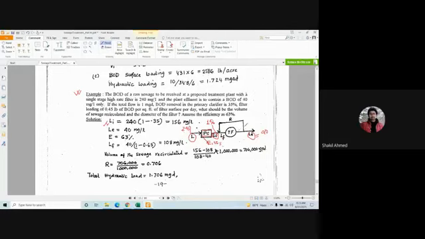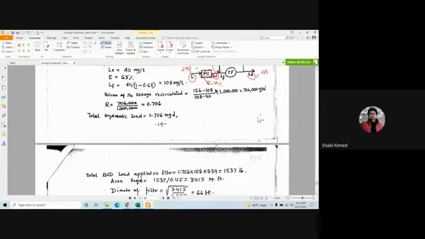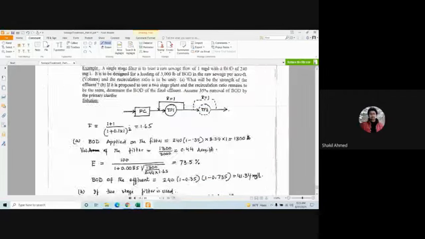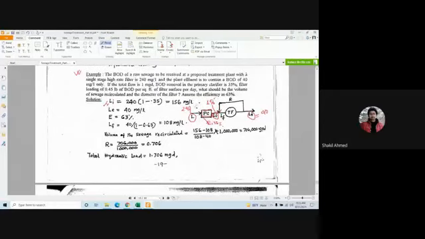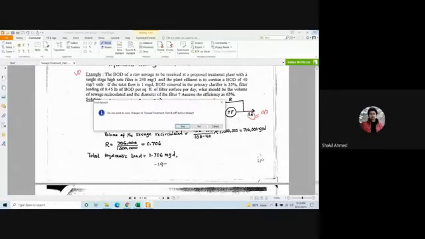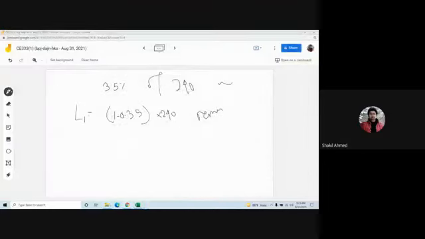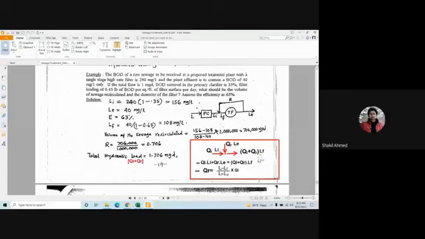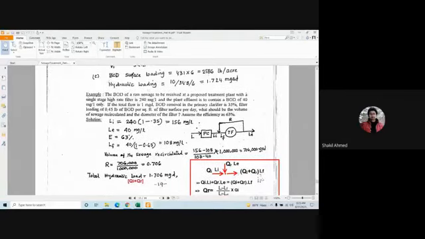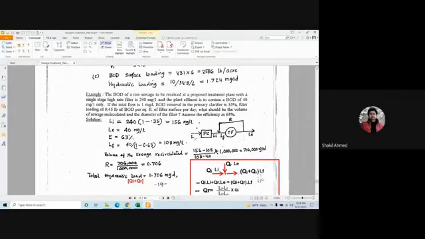Now we are recirculating the water R. After recirculation, this is 240, right?